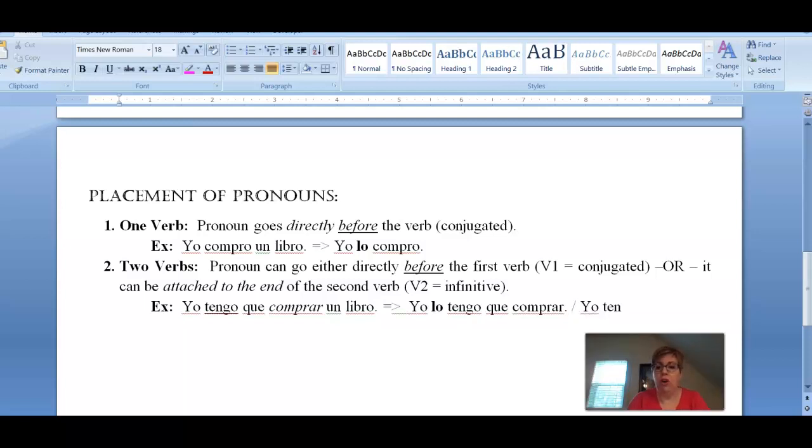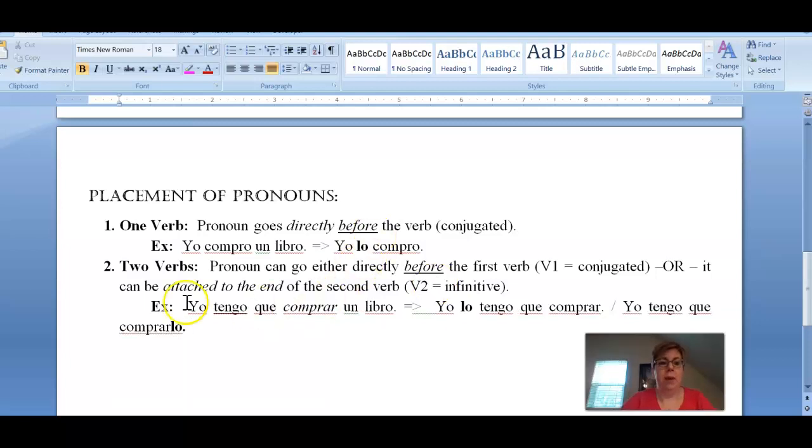So, yo tengo que comprarlo. And see how it's attached right there? Okay. Now the trick here though is you got to choose one or the other. You can't put it in both places. It's either going to go before verb 1 or you're going to attach it to the end of verb 2.